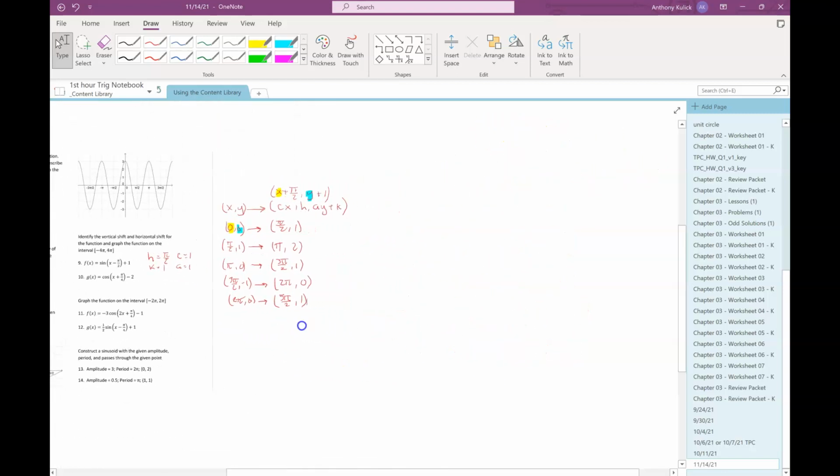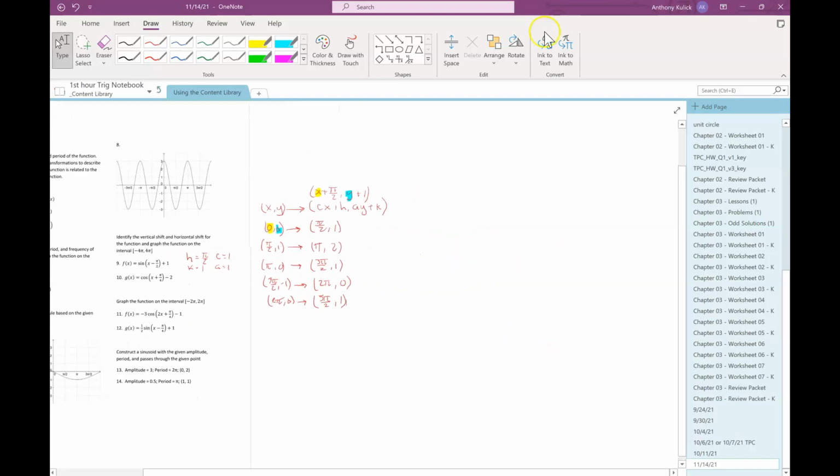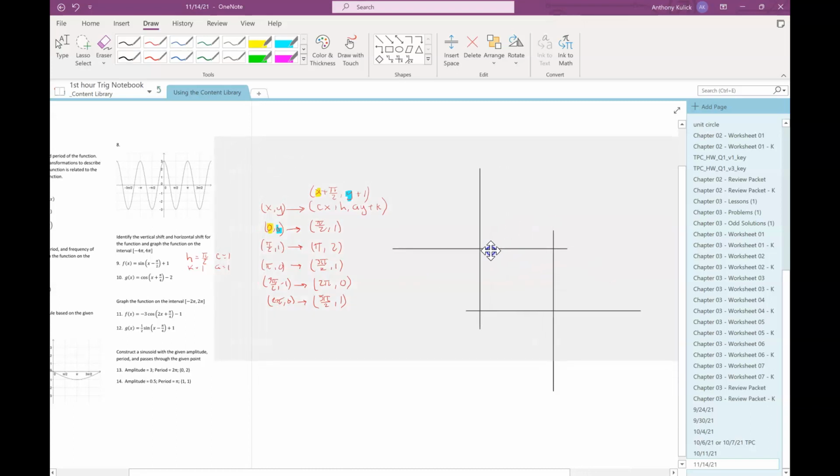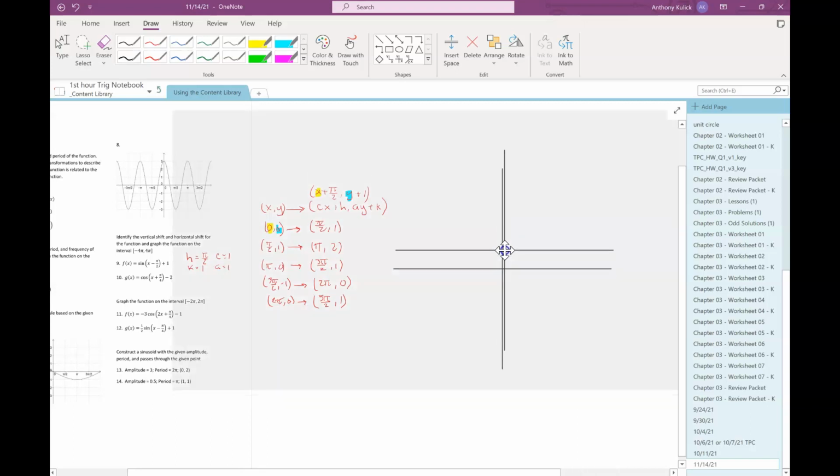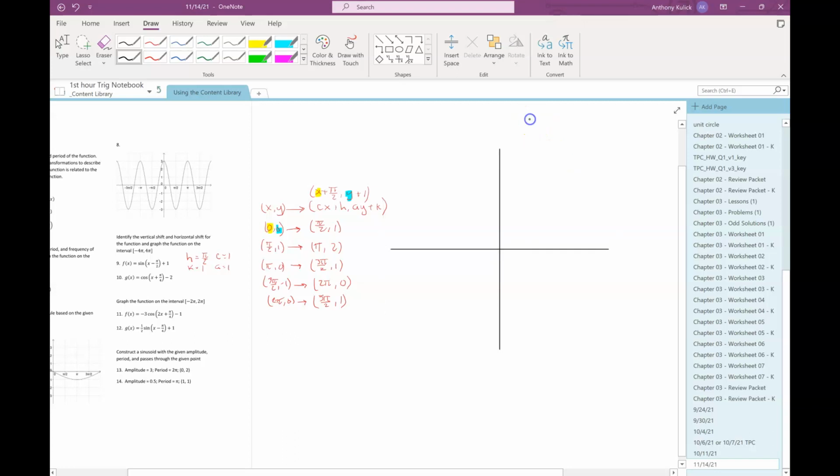So here it asks to go from -4 pi to +4 pi. Okay. So I notice on the points that I have here, the x coordinates are going by 1/2 pi. So that's how I'm going to make my tick marks.